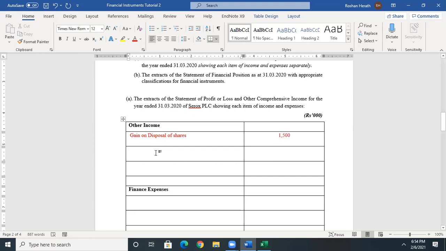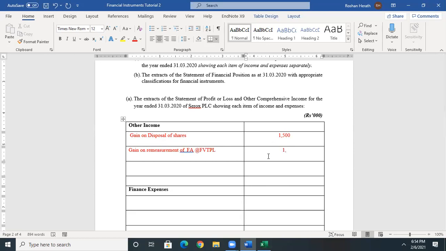Then you have gain on remeasurement of financial asset at fair value through profit or loss.